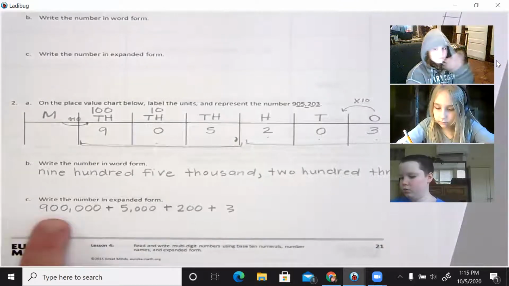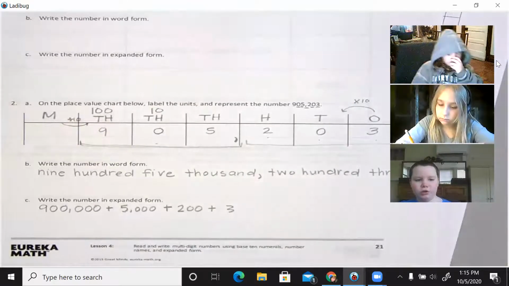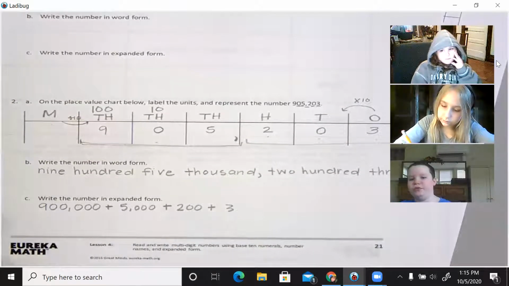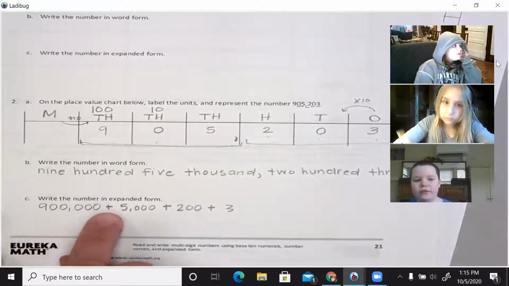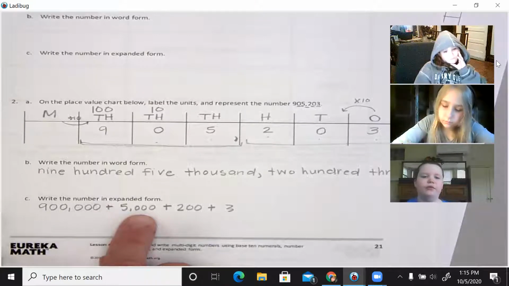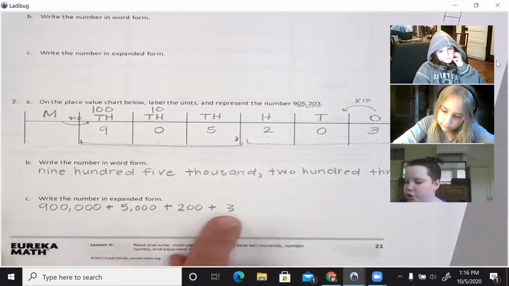Soren, go ahead and read the number sentence in expanded form, please. 900, 5,200. Stop. You forgot something really important. 900,000 plus 5,000 plus 200 plus 3.